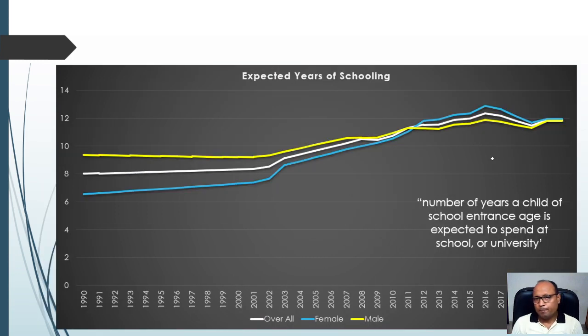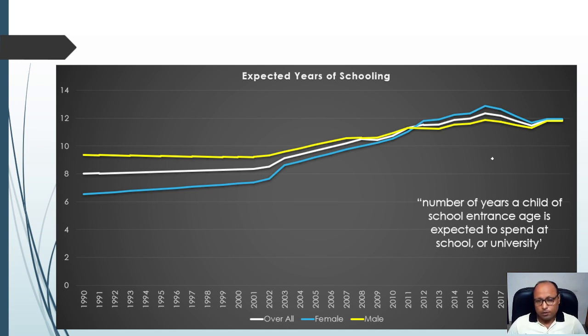Second parameter, expected years of schooling, that is nothing but education. It is the number of years a child entering school is expected to study as part of education, either at school or university level.